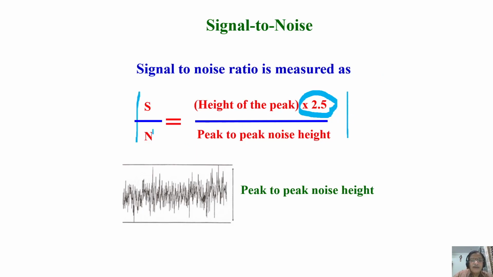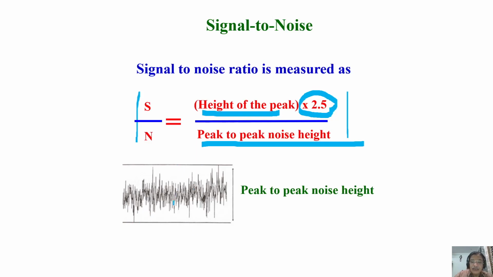For S by N, you have to get the height of the peak, multiply by 2.5 and divide by the peak to peak noise height. Peak to peak noise height you will get like this. This is the noise. Let us say you blow up the signal several times, increase the vertical intensity. Now you get the maximum noise.